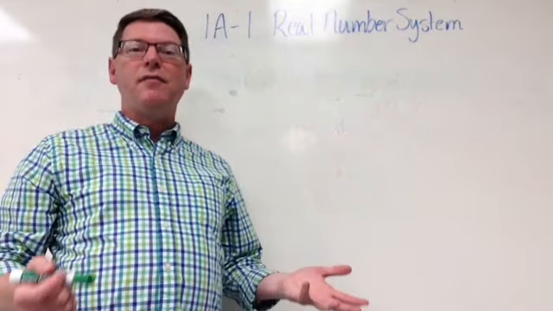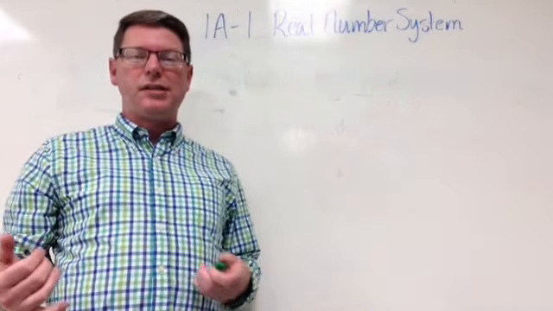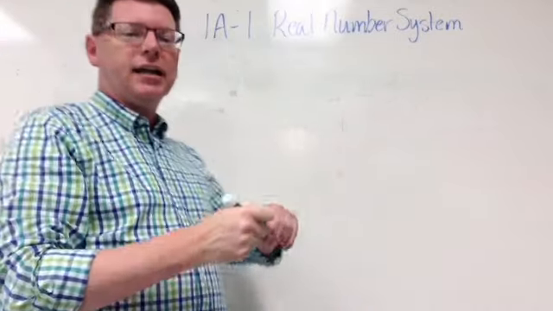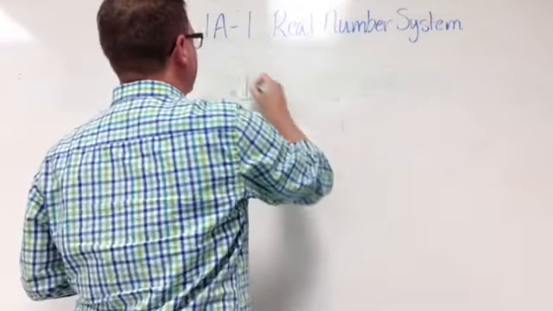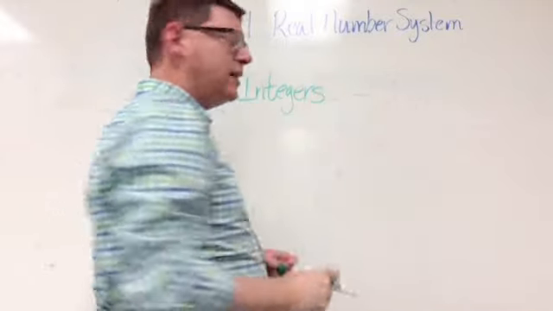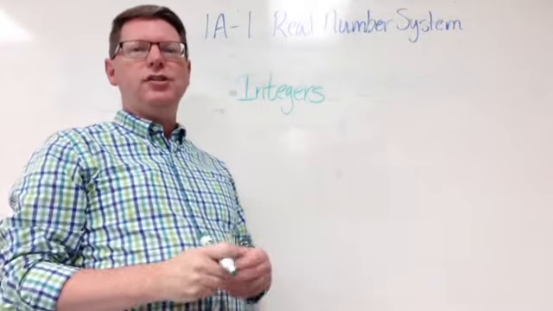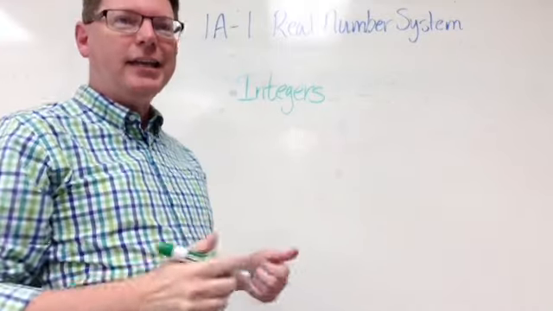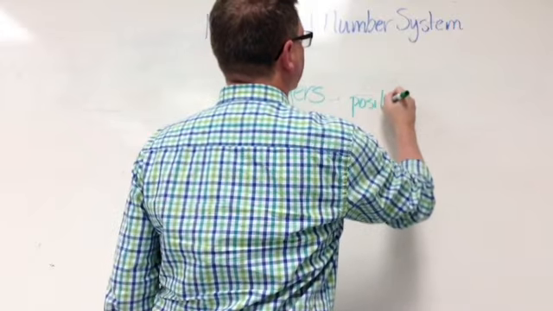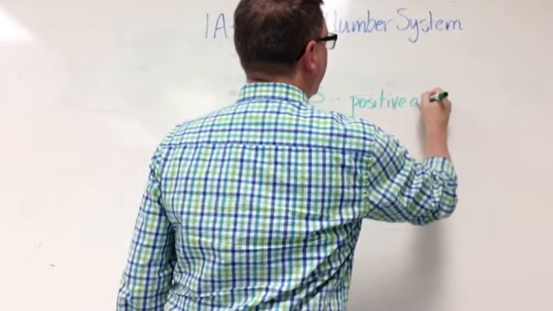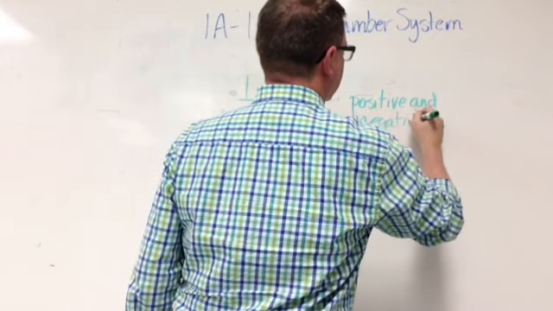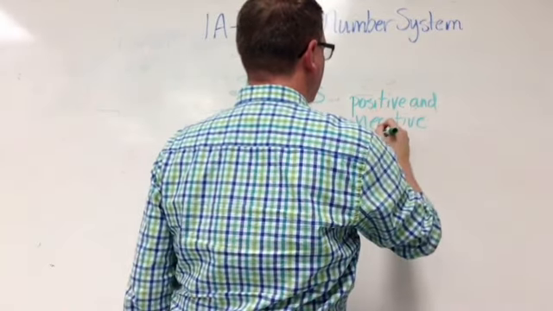Now the next type of number that we have in our real number system, after we have our natural numbers and then our whole numbers, well, the next set of numbers are integers. I-N-T-E-G-E-R-S. Integers are positive and negative whole numbers.